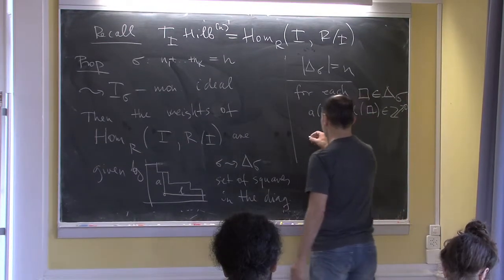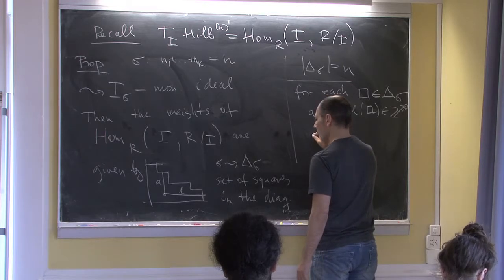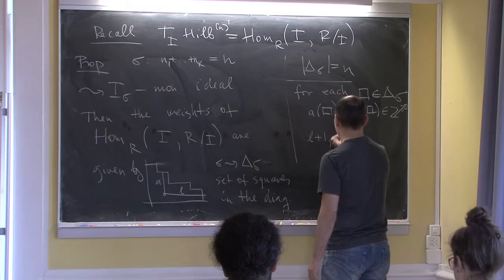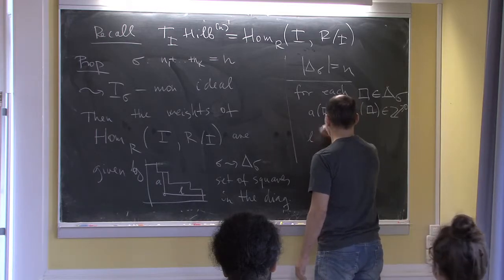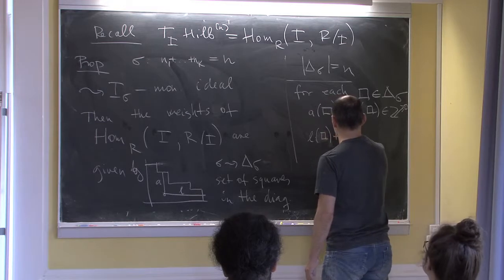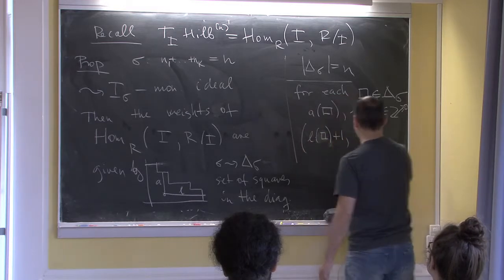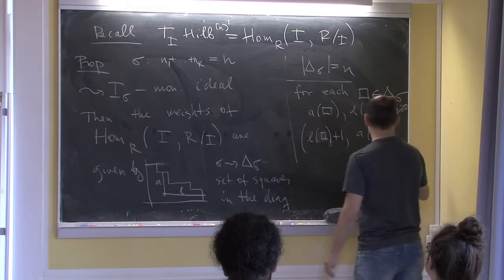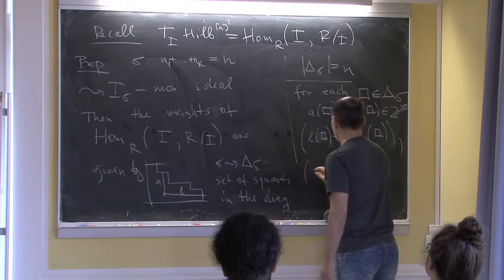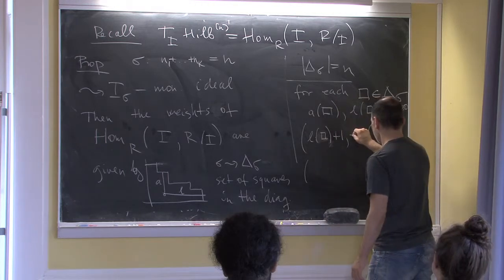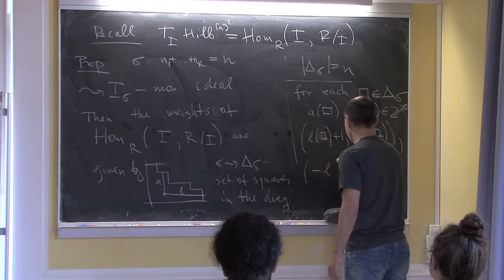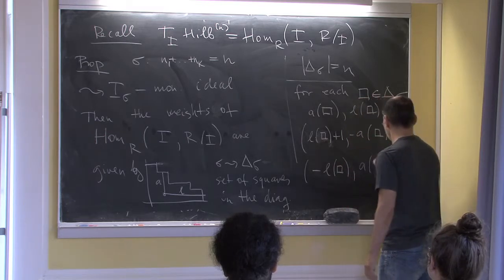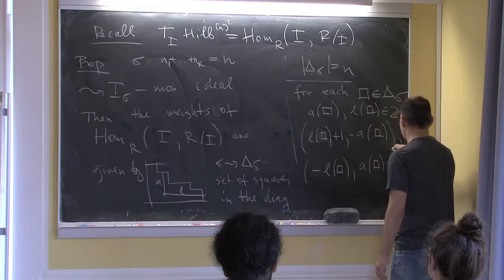So one of them is just L plus 1 and minus A. And the other one is A plus 1 and minus L, of course it's symmetric.